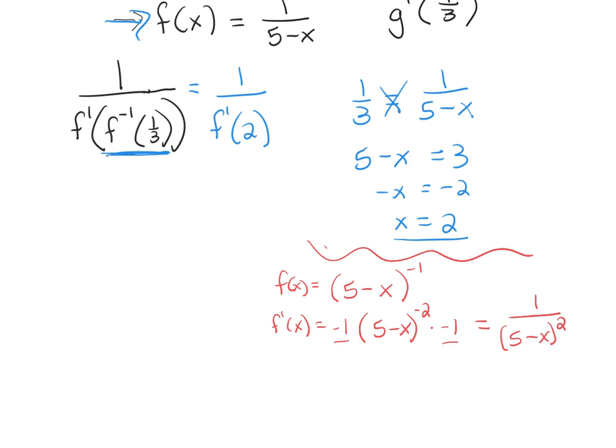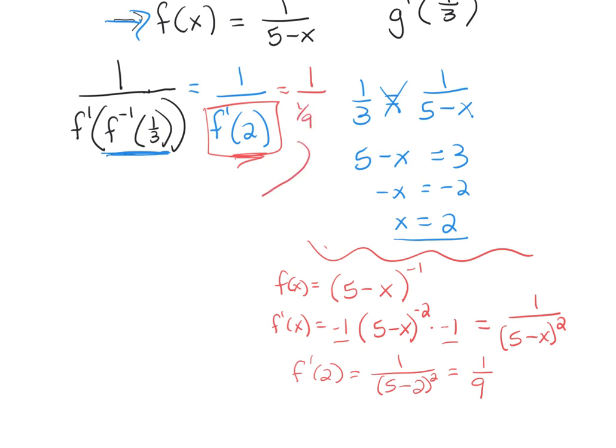And then I want the derivative at 2. So derivative at 2, 1 over 5 minus 2 squared. So that is 3 squared is 9. So this is 1/9. So I still have to do 1 divided by 1/9, which is 9.